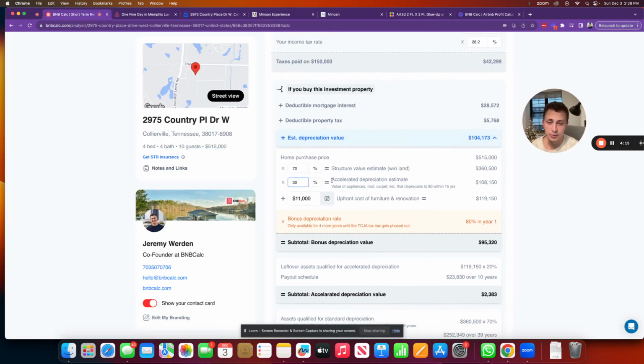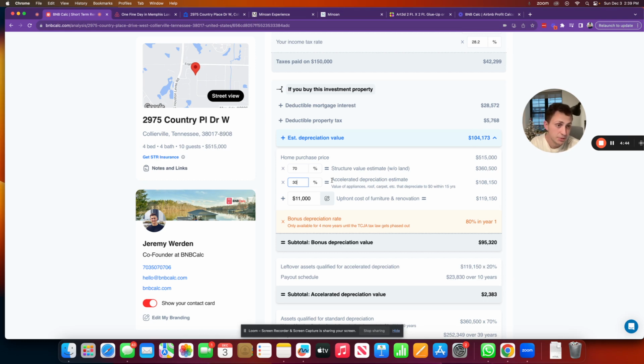Generally, based off the accountants we've talked to, as well as the cost segregation professionals, they find that about 30% on average can be accelerated within a much quicker period. And that's known as accelerated depreciation. Per the IRS, this year you can write off 80% of that in year one.